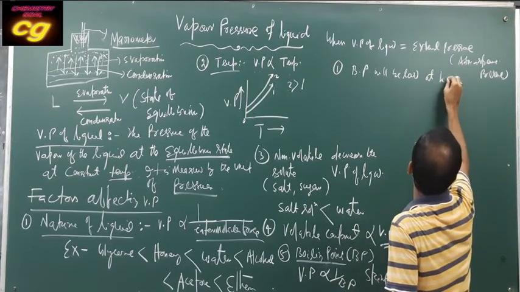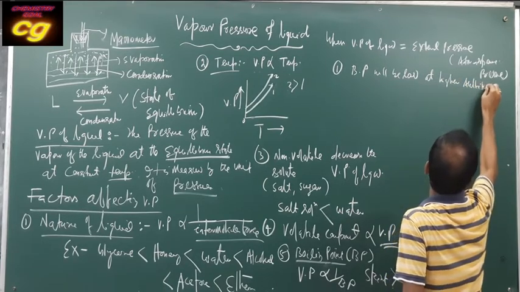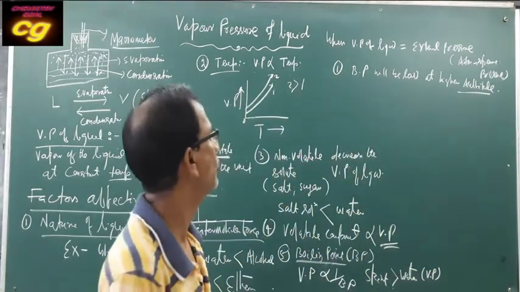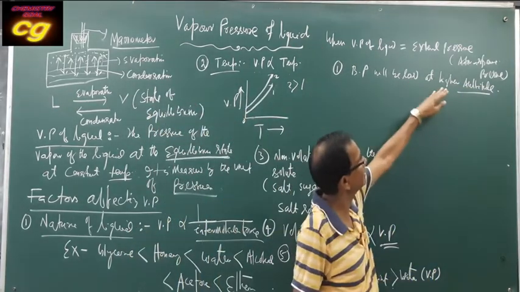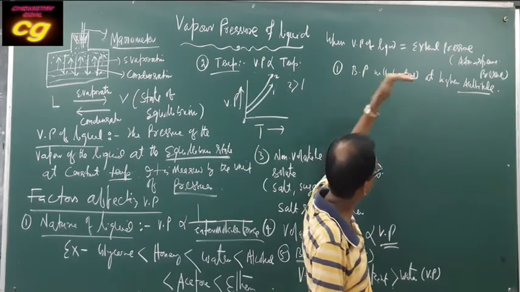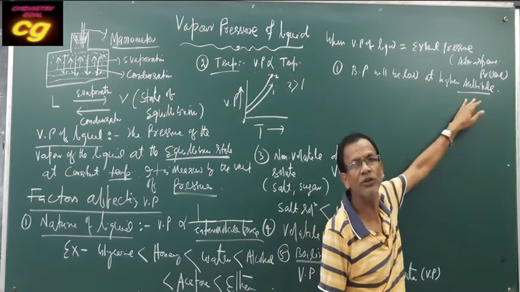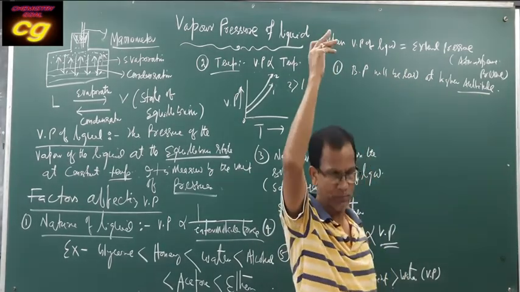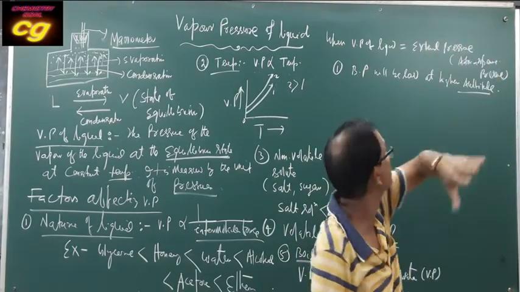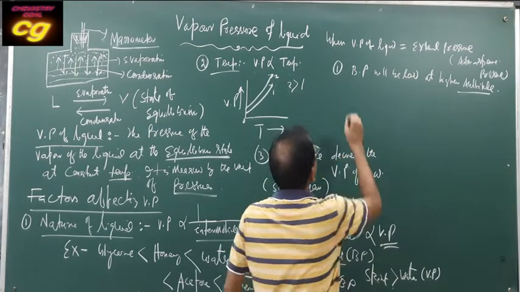At higher altitude, boiling point is low because atmospheric pressure is low. The boiling point will be low at higher altitude because if you go up, the atmospheric pressure is low. With low atmospheric pressure, the liquid boils at a lower temperature.